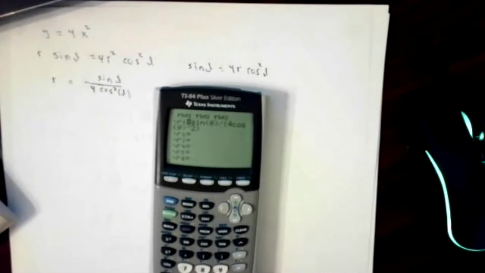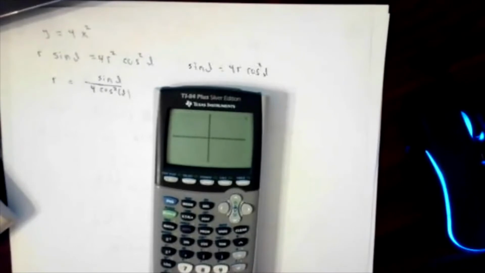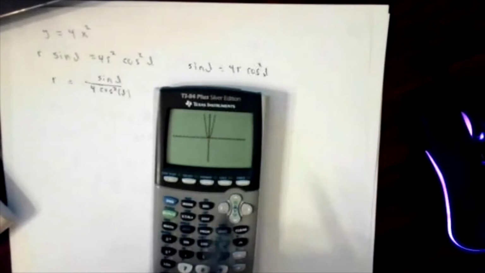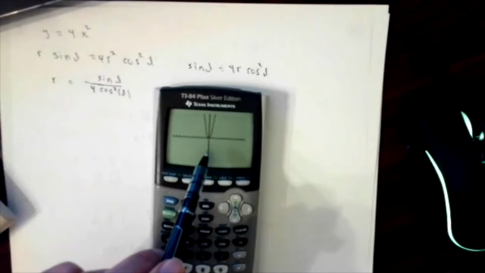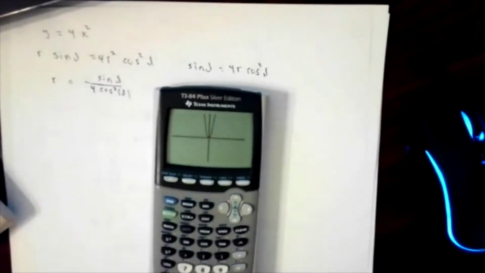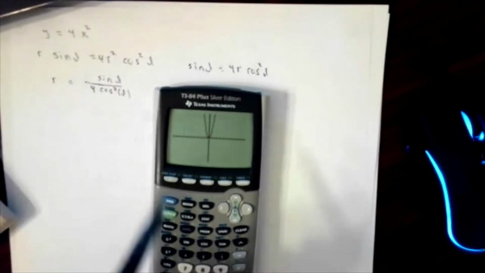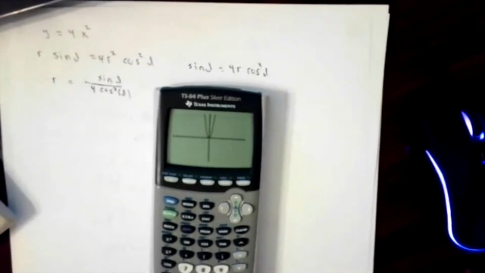I've already put this in my calculator here. I'll draw it on the standard viewing window. And it's kind of interesting. Early on, when theta was 0, r was 0, so that you were at the origin. As theta increased, r increases, the x and the y's are all positive, but then because the bottom of the fraction is 0 in various places, it jumped over to the other side and drew the other half in kind of a discontinuous way.